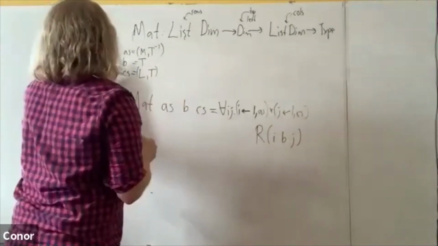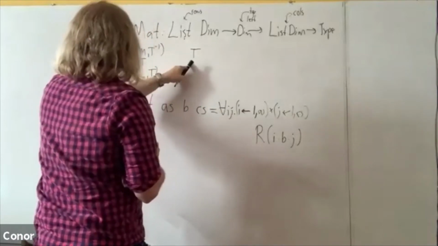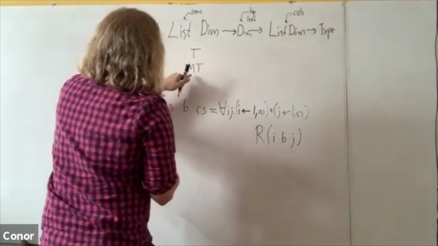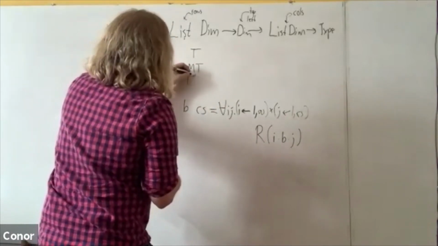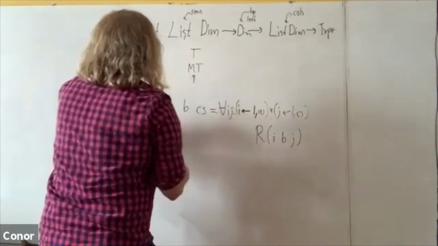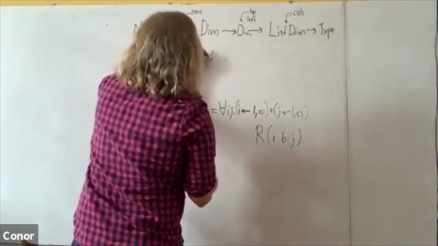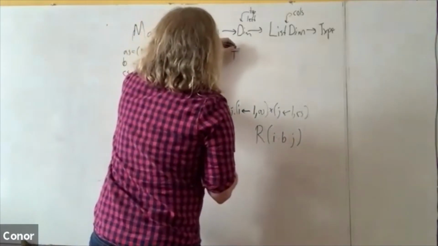Then what I get, top left corner is time. Here I take M times B. Here I take T inverse times T, so that's just unit. Here I get L times T. And here I get T times T, which is T squared.